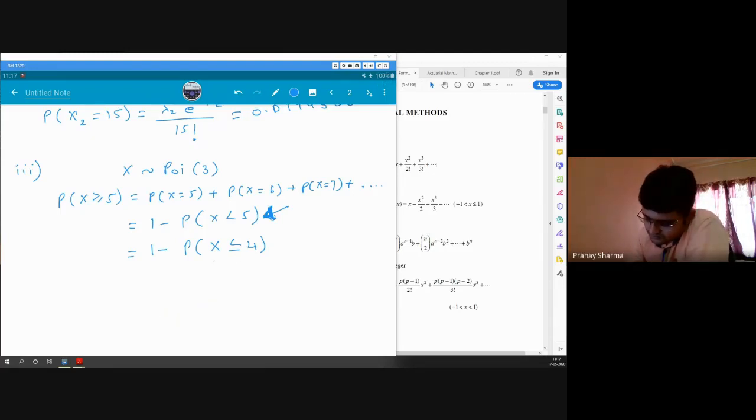So here we want 1 minus the probability going from 0 to 4, all those values added up. So first of all, probability X is equal to 0. That is lambda raised to 0 times e raised to minus lambda, divided by 0 factorial. 0 factorial is 1, so this is just e raised to minus lambda. We'll calculate that.